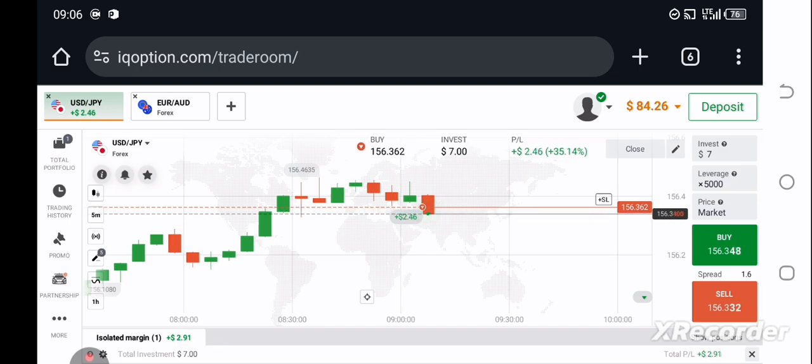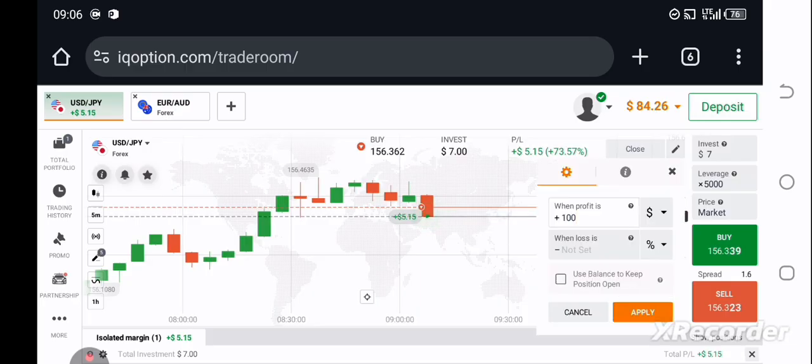So you can see I am on plus 28%. As you know, the market is fluctuating. So I'm already with a profit of $2.69. You can see the trade is running.